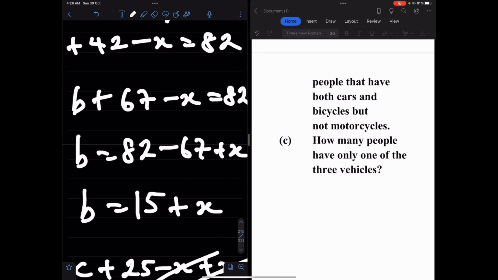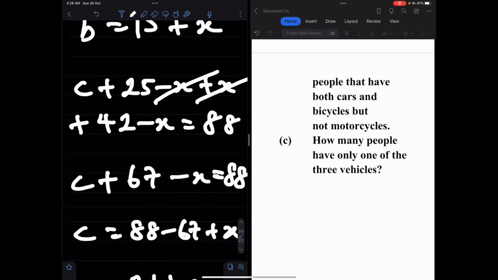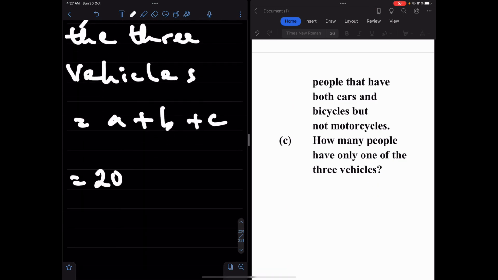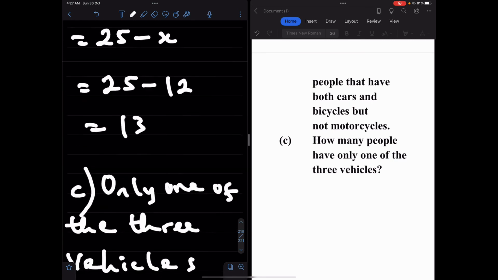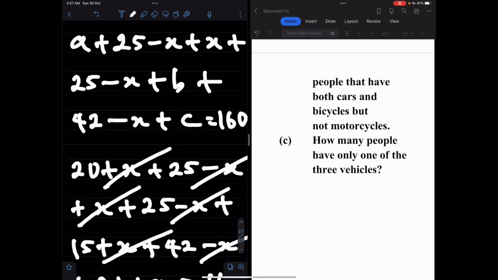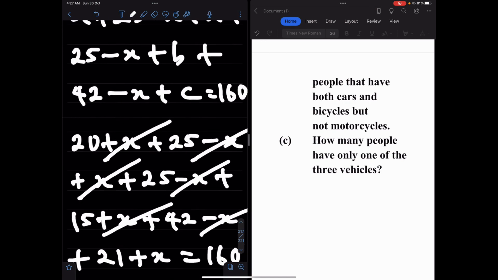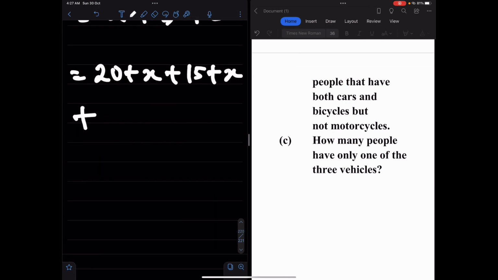A is 20 plus x, plus B, which is 15 plus x, plus C, which is 21 plus x. Let me check B and be sure here. 15 plus x, and C is 21 plus x.